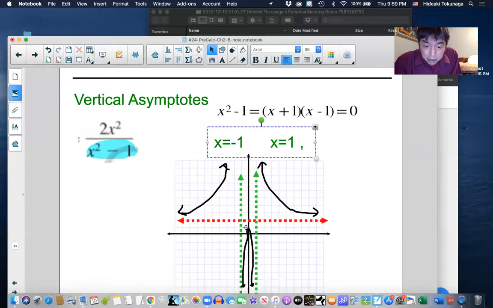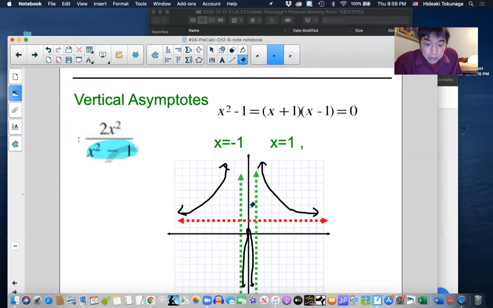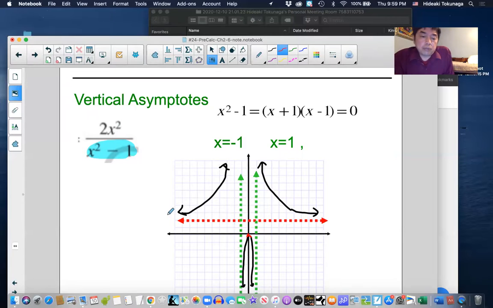I should have written this one going through 0, 0, the origin. Okay, I hope you understand. So this is supposed to go through the origin here. That's the x-intercept, right? Because if you plug in 0, negative 1 stays here. But 0 over negative 1 is still 0. So 0, 0 is supposed to go here, right? But from here to here, it's approaching here, so it's going to be graphed like this, okay?